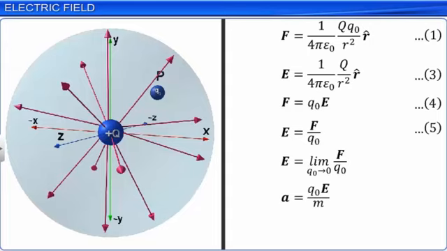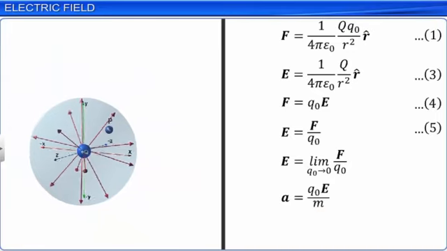In the field of a negatively charged particle, the electric field strength vector at any point in the field always points towards the charged particle in a radially inward direction. Here, the point charge Q0 in this electric field will be accelerated in the direction opposite to the electric field.